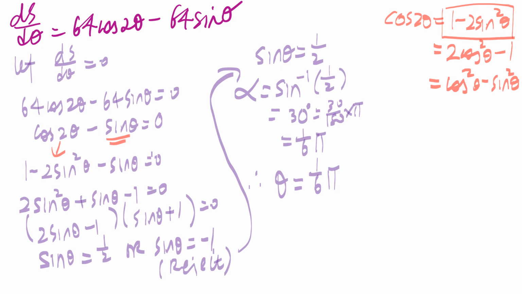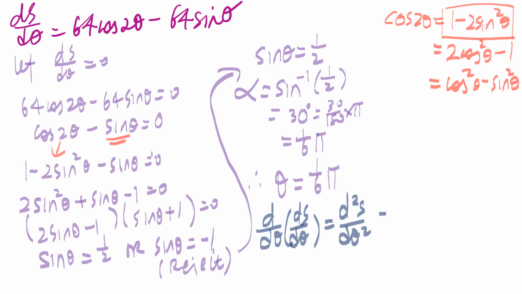What is the second derivative? Second derivative means I differentiate ds over d theta again. You will get d2s over d theta squared. I'm going to differentiate this again. I will get 64, and differentiating cos 2 theta gives negative sine 2 theta times 2.